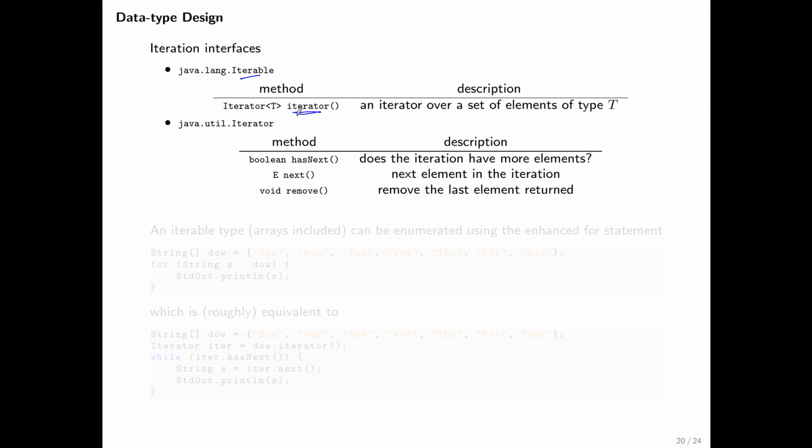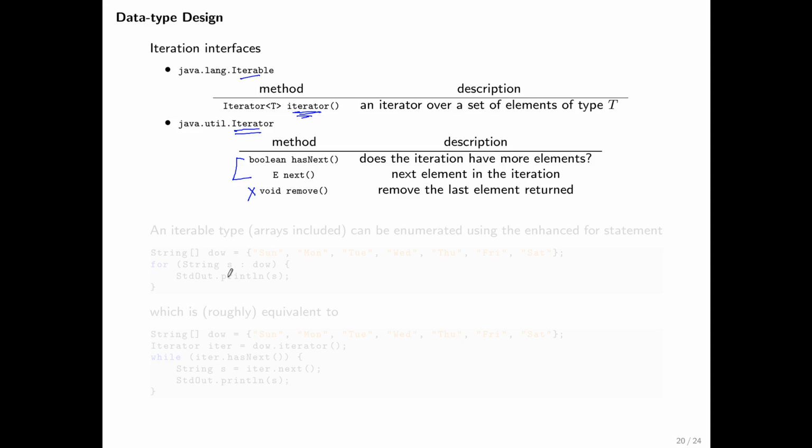And the way you implement this method is by returning an object of type Iterator, and that type will implement this interface and provide implementations for these two methods. Okay, so we are not going to worry about remove.